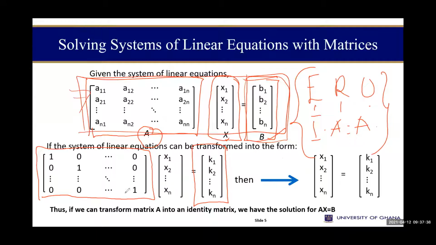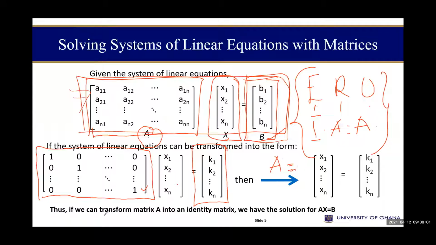Then if an identity matrix times this, it will give me the same identity matrix. Then we'll say that whatever is left with B, which is the element in the matrix B, will be equal to the decision variables values that I'm looking for.